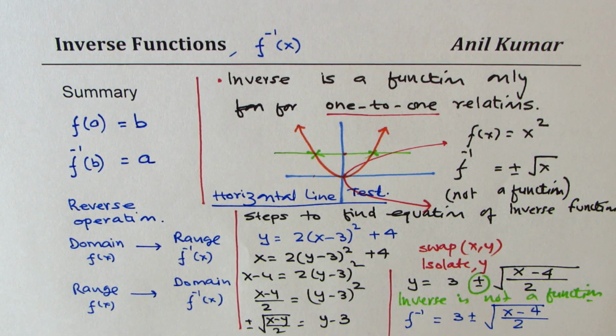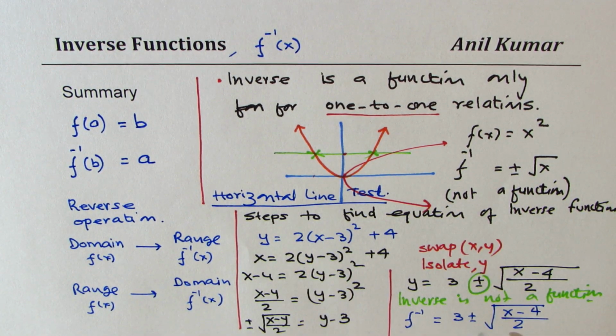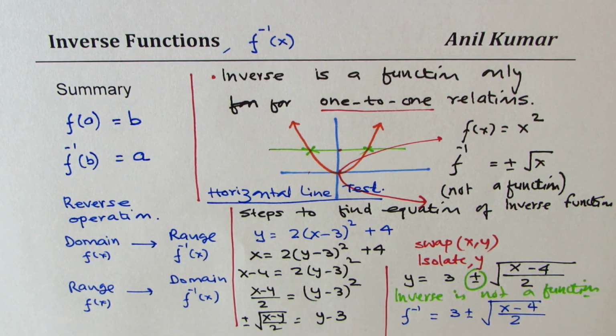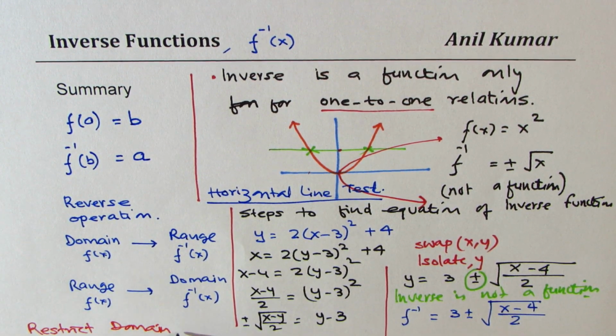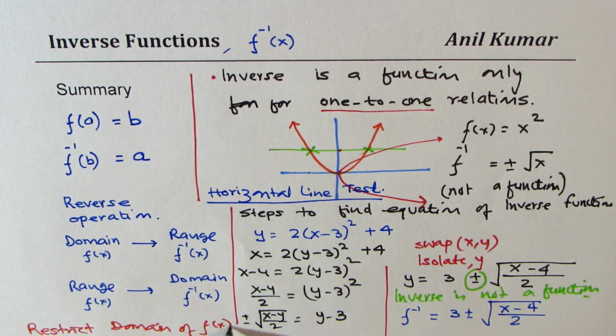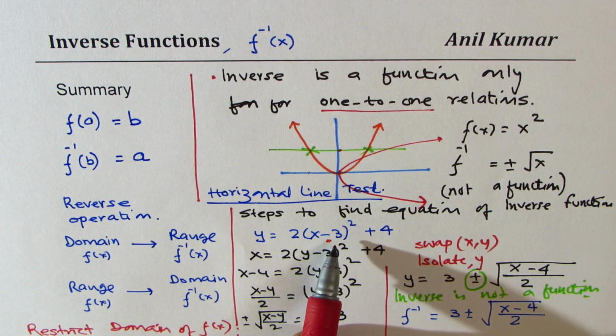Now I'll take up more videos to show you that how we can restrict the domain and get inverse as a function, right? So the idea is to restrict domain of f(x). So in this case, we could actually do it. We could restrict it on one side of the vertex.